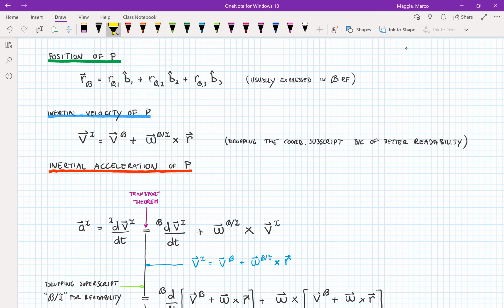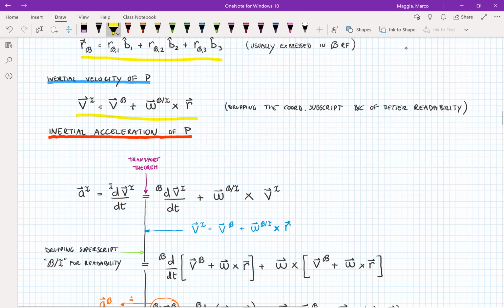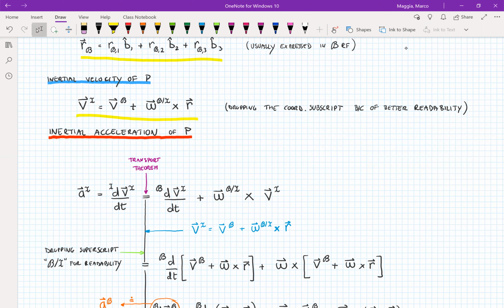Starting with the position, I don't need to repeat that, we saw it, and so we also saw the inertial velocity expression of P. Now here I've dropped the subscript just because it's going to be easier to read, but I'm referring to the B reference frame in terms of coordinates.